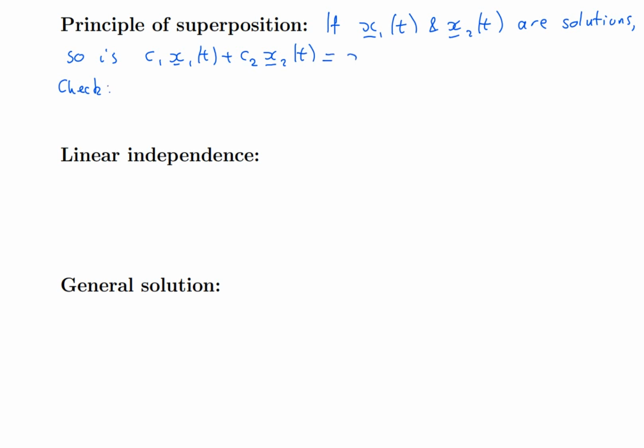Let's call this x. Well, what is dx/dt? I have to differentiate the left-hand side. That gives me c1 dx1/dt plus c2 times dx2/dt. Now x1 and x2 are solutions, so dx1/dt is Ax1.